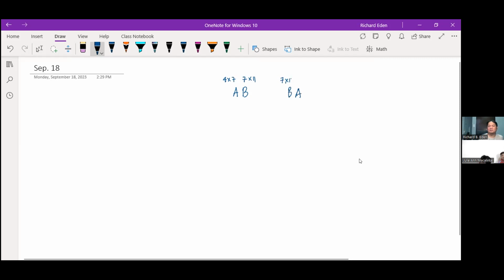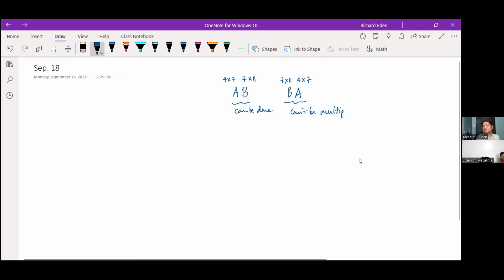Kasi this will be 7 by 11 and A will be 4 by 7. So AB can be done, but BA can't be multiplied because these two matrices, B and A, are incompatible.